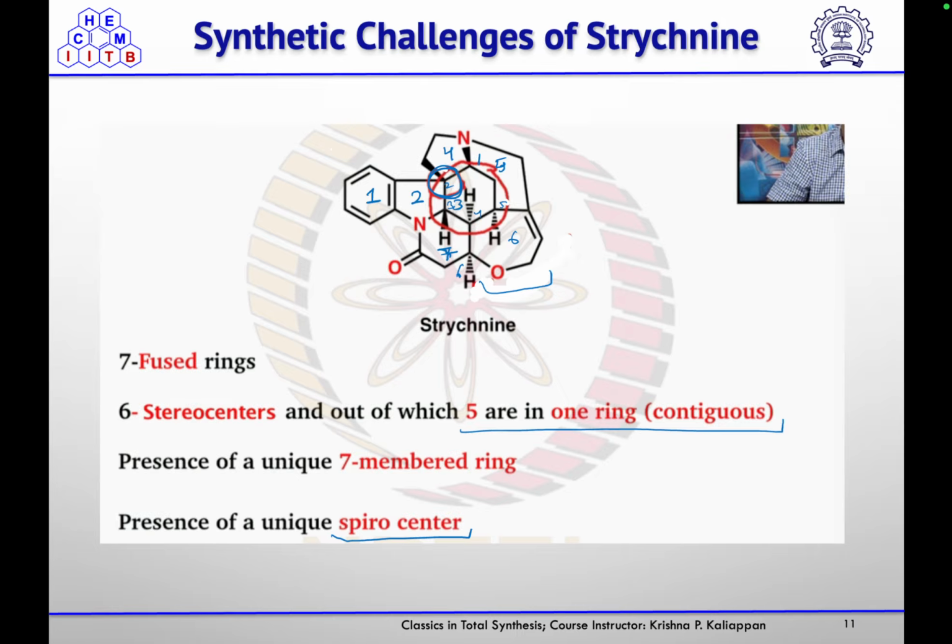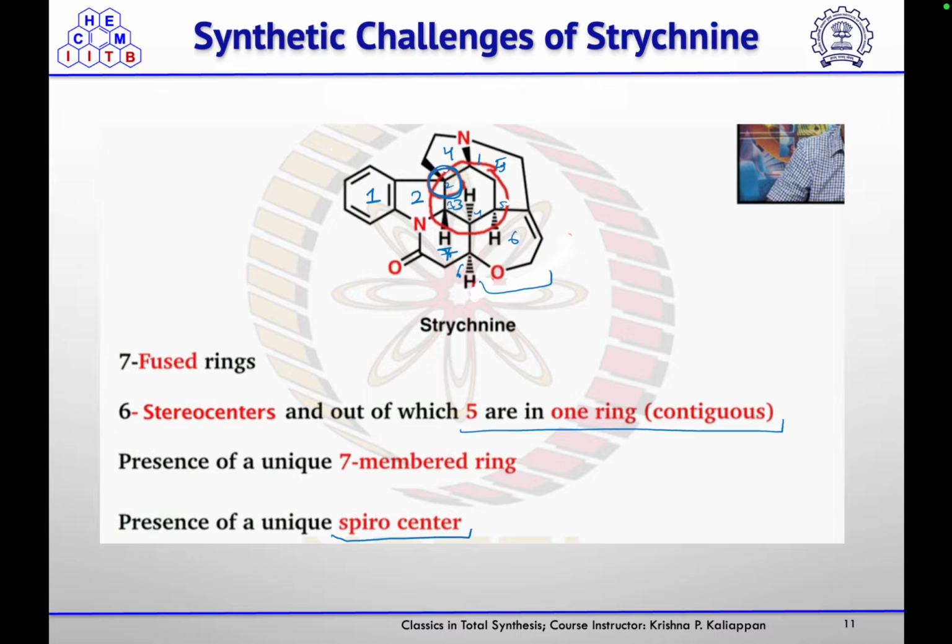So these are the challenges: it consists of seven fused rings, six stereo centers, out of which five are contiguous and present in one ring, and a unique seven-membered ring, including a spiro center, making the molecule more difficult to synthesize.